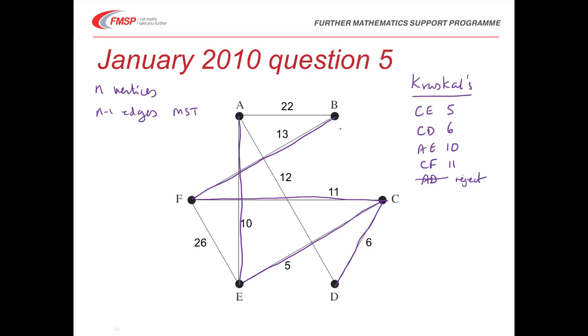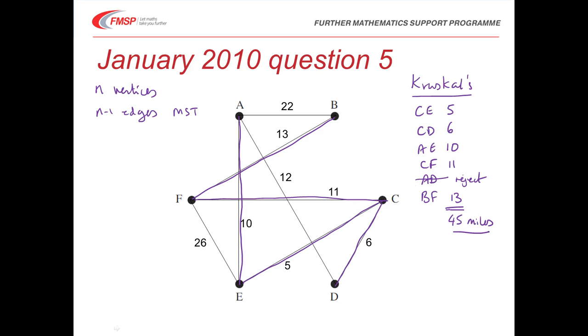So that's BF at 13, and 1, 2, 3, 4, 5. I've got my 5 edges. As I look at the vertices, every vertex is connected into my set, so that looks correct. So I can stop and add up, and the total there is 45. And again, let's put the units on it. It's 45 miles.